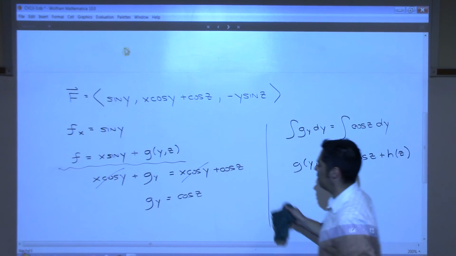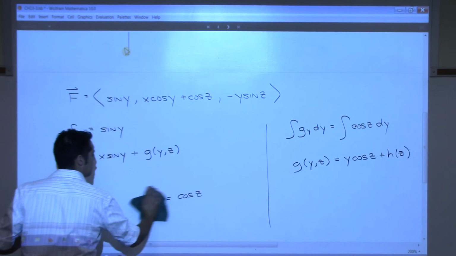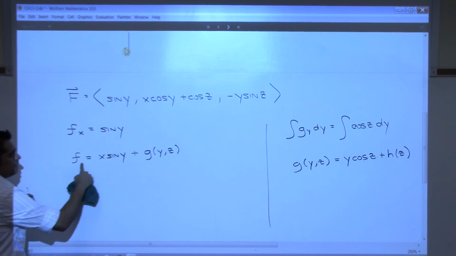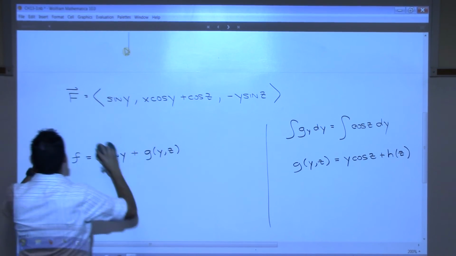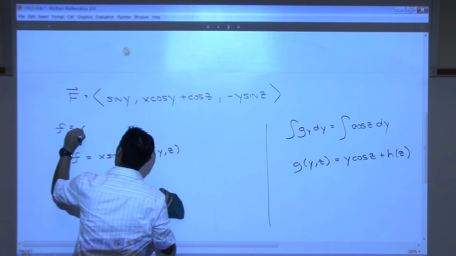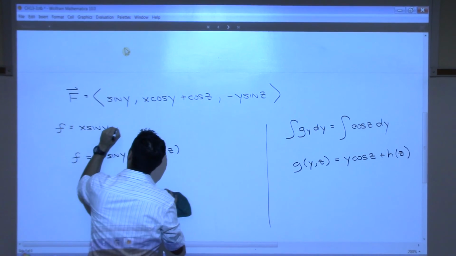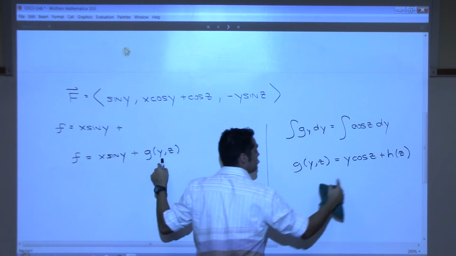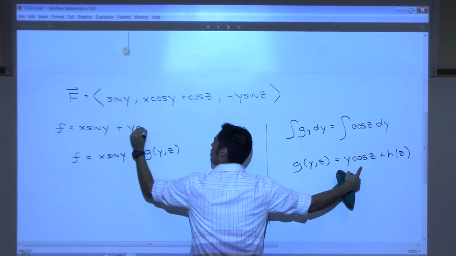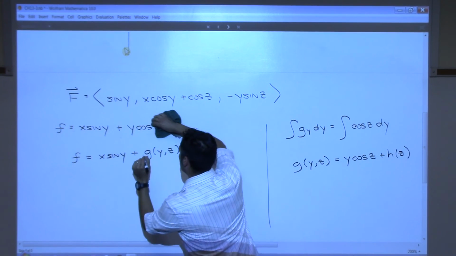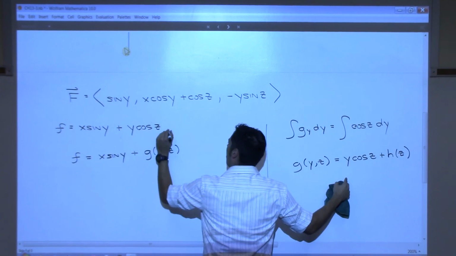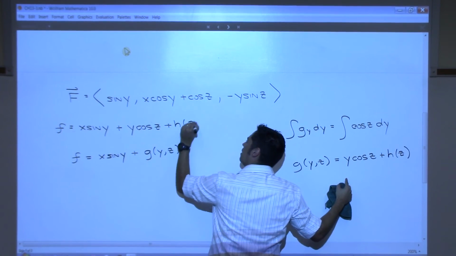All right, we're getting there. Now let's look at little f again. Here's what little f is. So I know that little f must be x sine y plus g of y, z, which is y cosine z, plus some function of z.